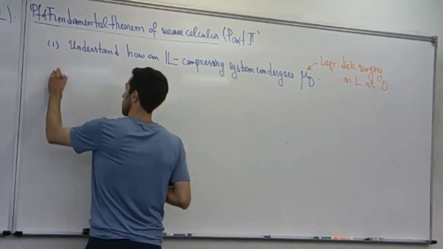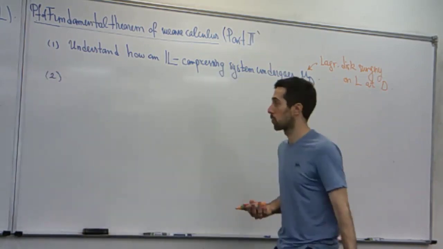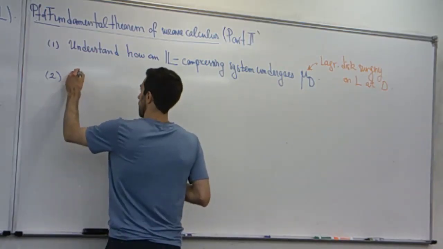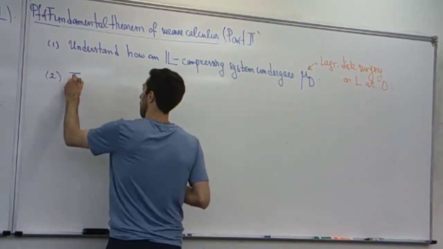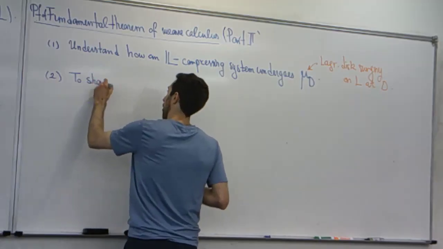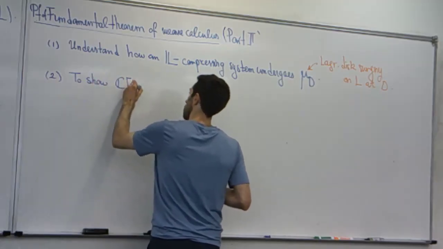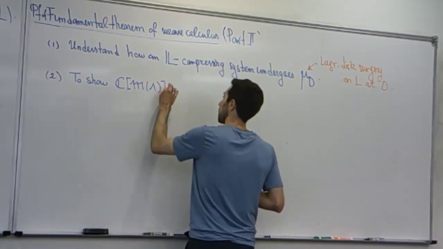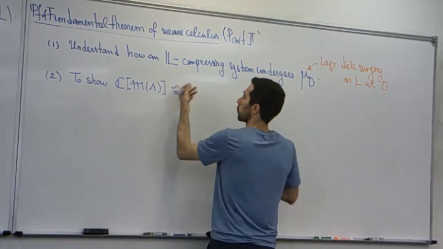The second thing is effectively what you're going to want to prove, okay, to show that this, with the lambda in here, I'm going to stop putting the piece, is isomorphic to this cluster algebra.